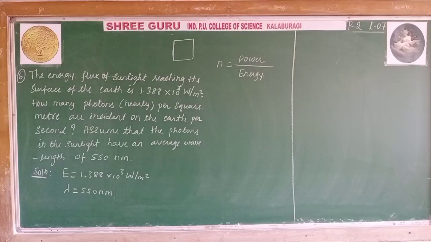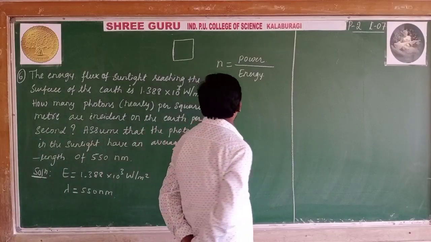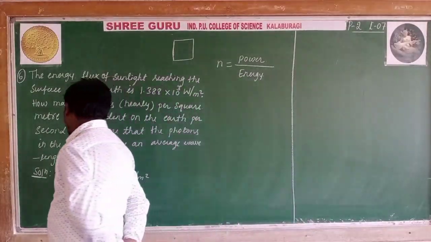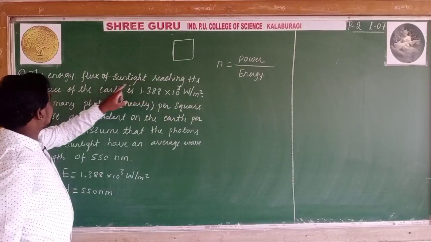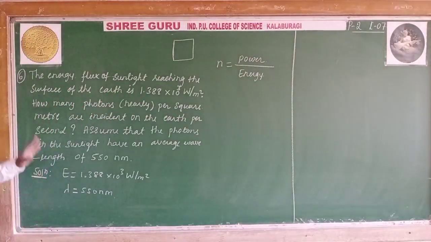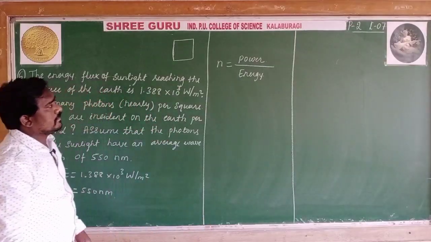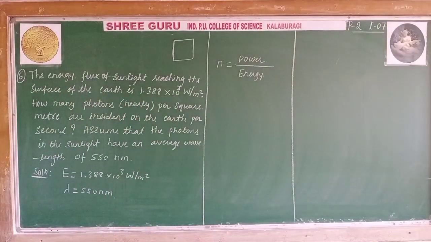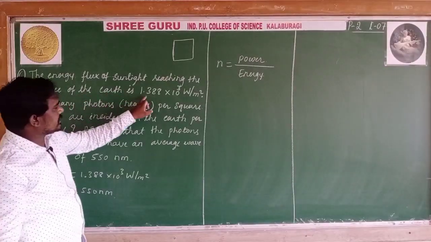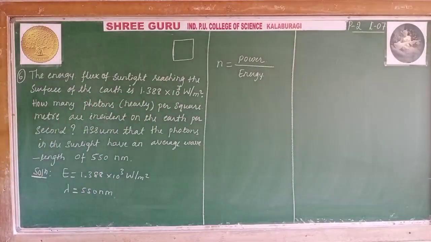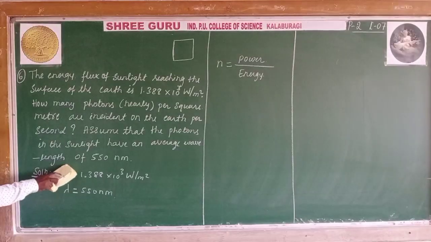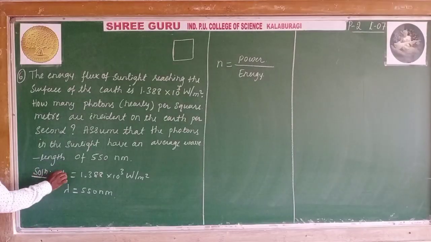Just keep in your mind, they mentioned the energy flux of sunlight reaching the surface of earth is this much. Then how to write the power value, just keep power as it is. Sorry, here they mentioned the power value, P value only.